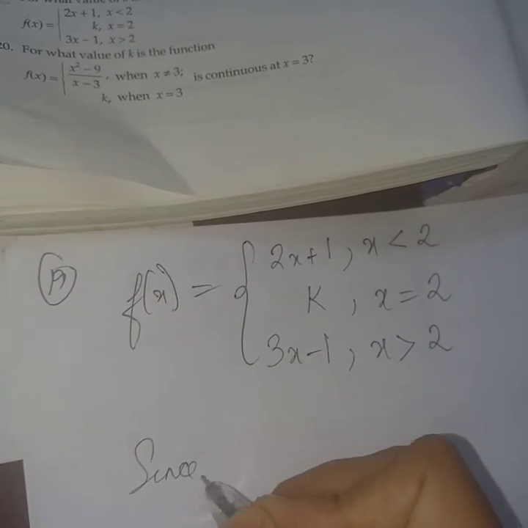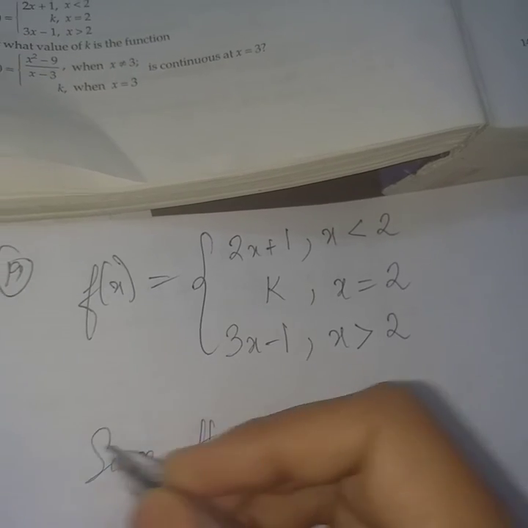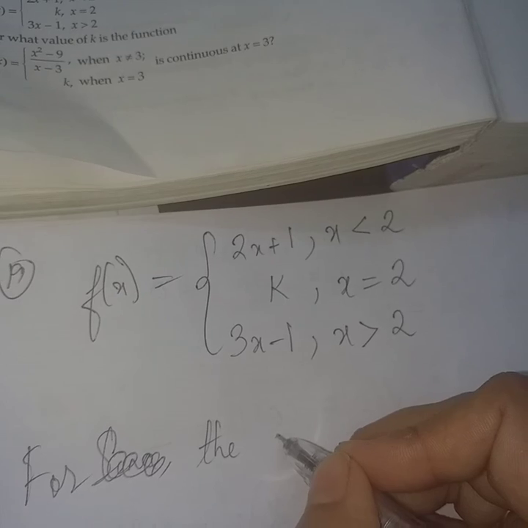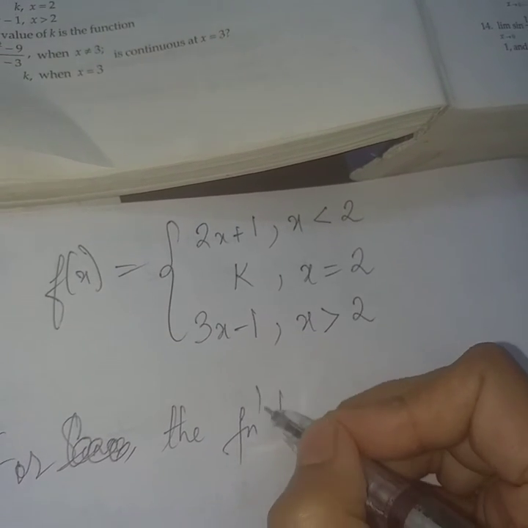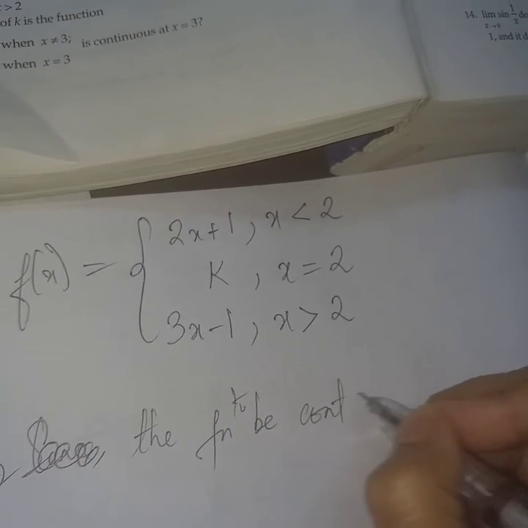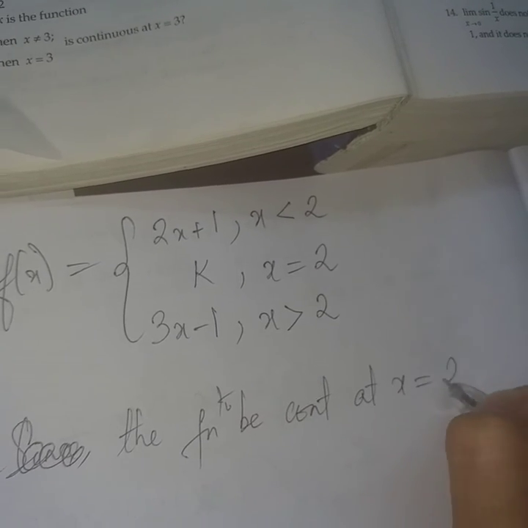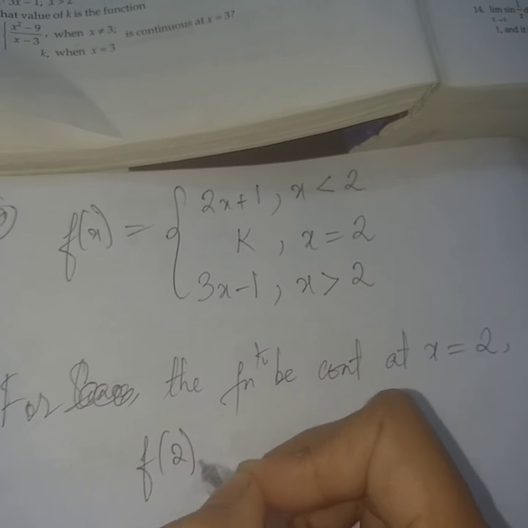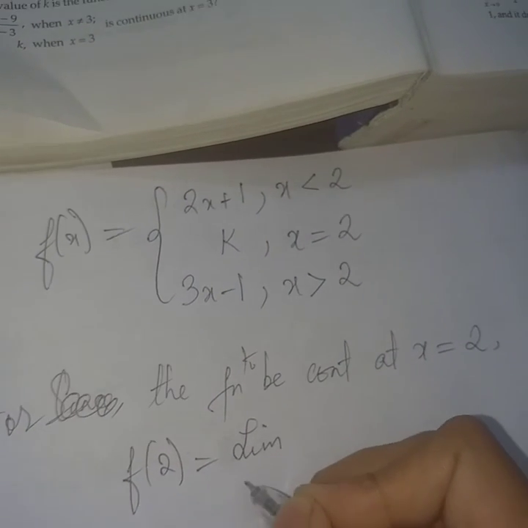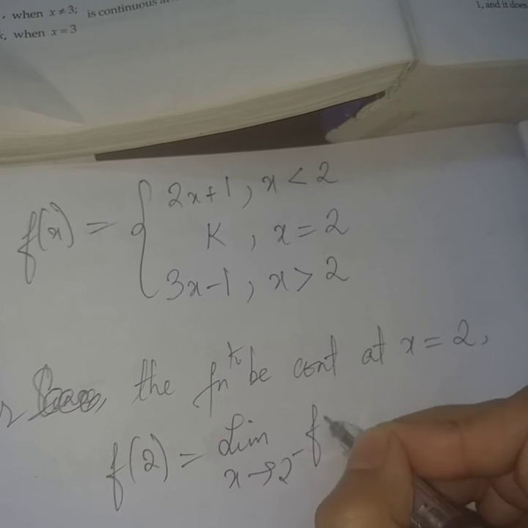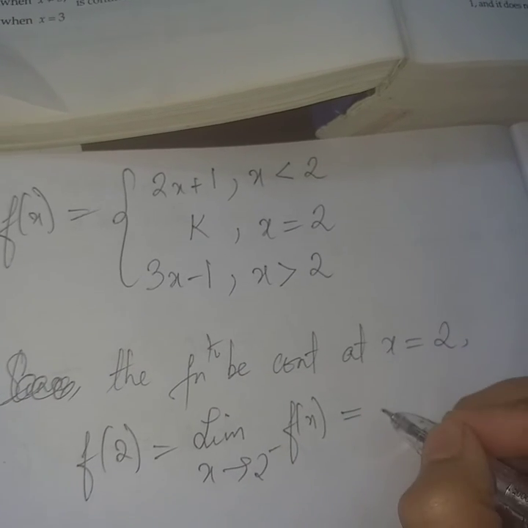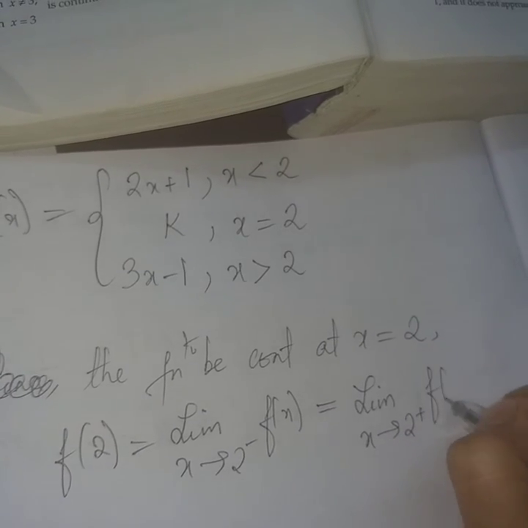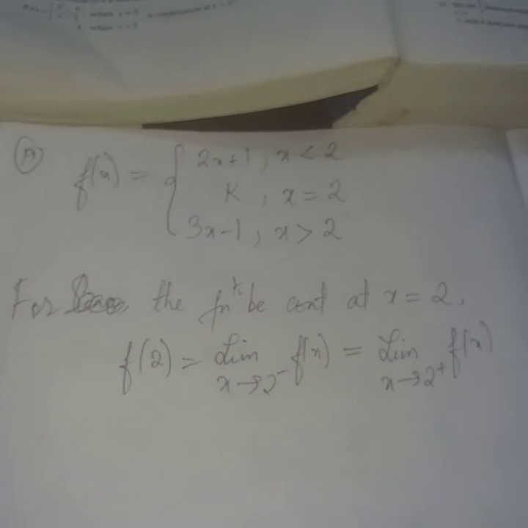For the function to be continuous at x equal to 2, we must have f of 2 equal to the limit as x tends to 2 minus of f(x). That means the left hand limit must be equal to the right hand limit. So this condition must be satisfied.